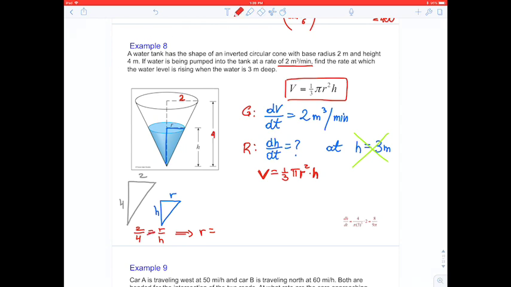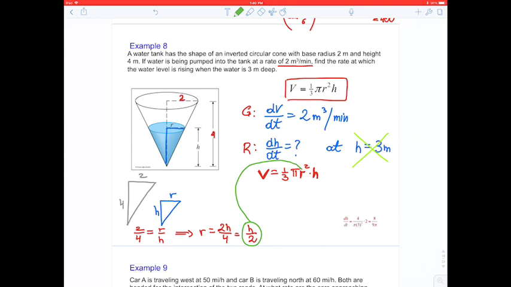Okay, we have to cross multiply. Oh, hang on, I am messing up. 4r equals 2h, that means radius is actually 2h over 4, which is h over 2. Okay, that looks better. That means this is radius in terms of h.